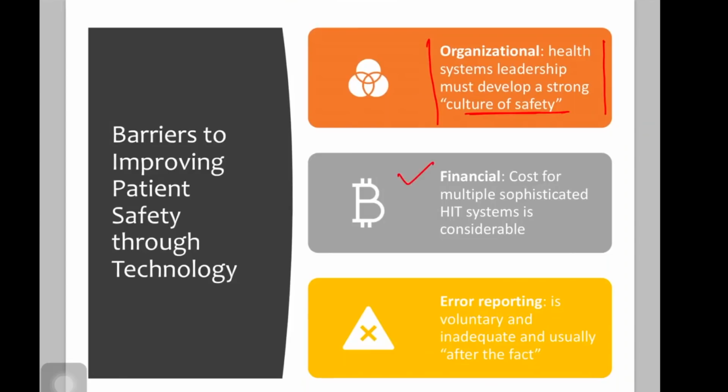The second thing is developing or deploying the new technology and training the people involved, which takes time and money. So the cost of multiple sophisticated HIT systems is considerable. The cost could probably be shared with different hospitals, or the federal organization should support that.